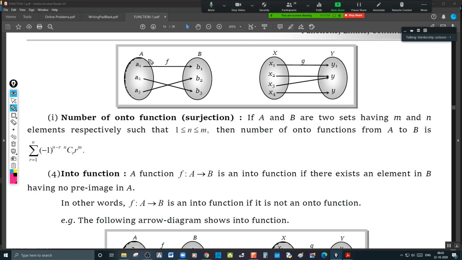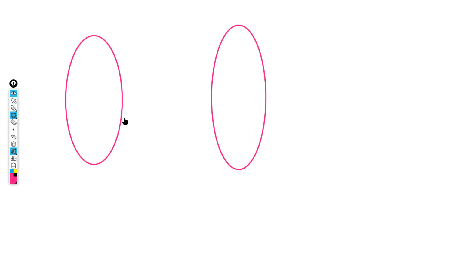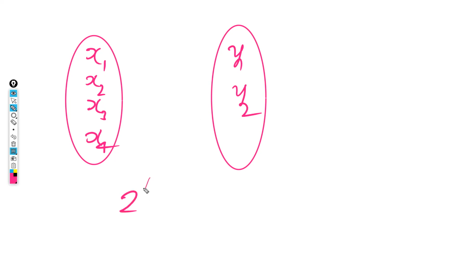Follow this carefully. Number of onto functions I'm discussing. So, why does that minus and plus come alternately? For example, I have taken some x1, x2, x3, x4 here, and y1, y2 here. Then I will write total number of functions as 2 power 4, there's no doubt in it, which consists of all one-one, onto, many-one, and all constant functions, everything is contained.